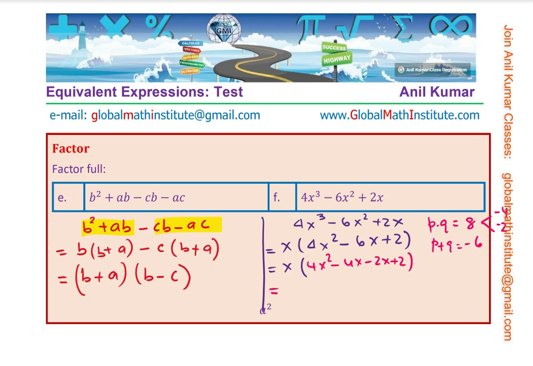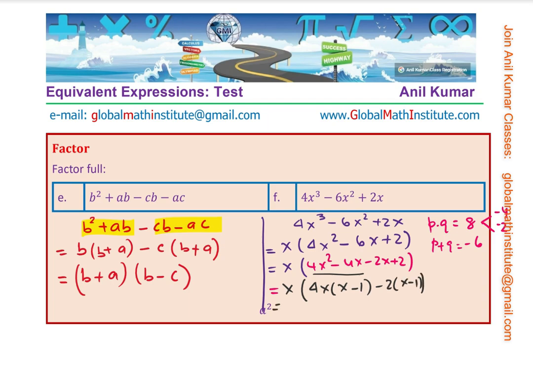Makes sense, right? So now we can complete this by saying, amongst these two, 4x is common, right? So I get x minus 1. And here 2 is common, right? So minus 2 is common, x minus 1.